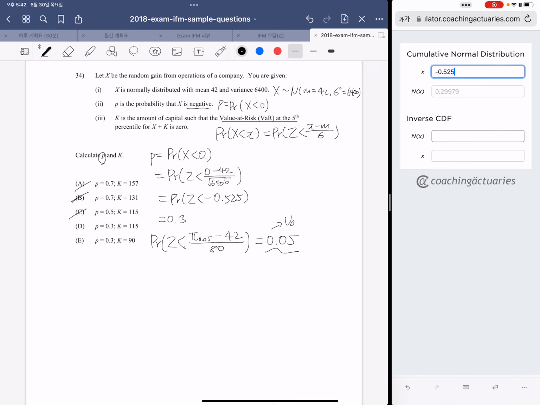So it can be expressed like this. And we have to put this in the inverse CDF because we are going backwards in this case. So just put 0.05 in the inverse CDF calculator, and we get negative 1.64485.